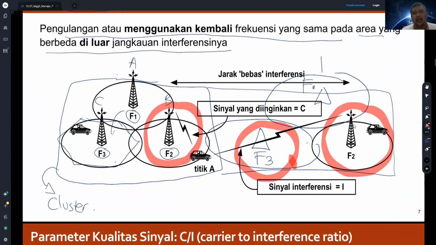That's what we call outside of its interference area, since there will be no same frequency adjacent to each other.